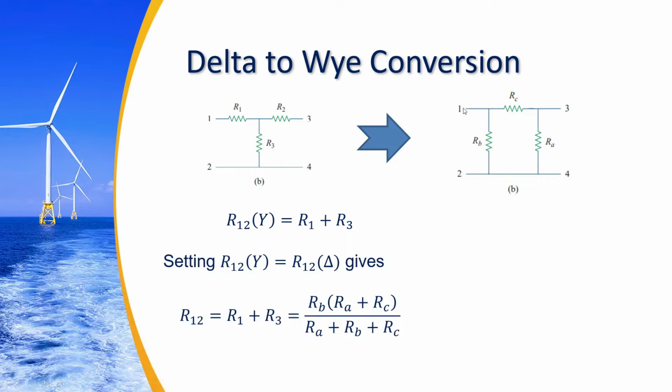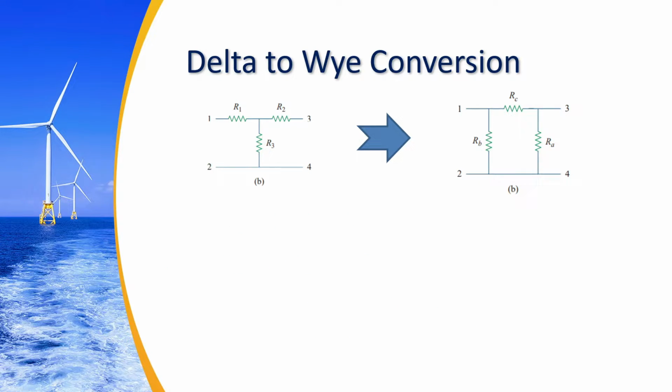So, itong point 1 sa point 2, makuha natin yung resistance dyan mula sa pagkuha ng parallel combination nitong RC at RA at ng RB. Okay? So, therefore, ang parallel combination nitong RC, RA at ng RB ay RB multiplied by RA plus RC all over RA plus RB plus RC. Okay, so that will be our equation 1.